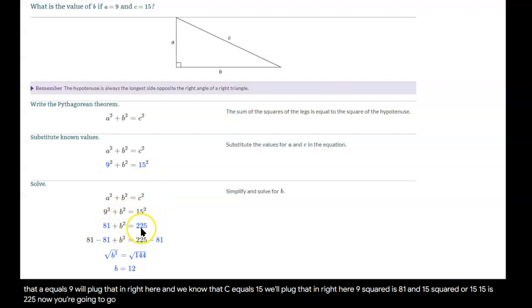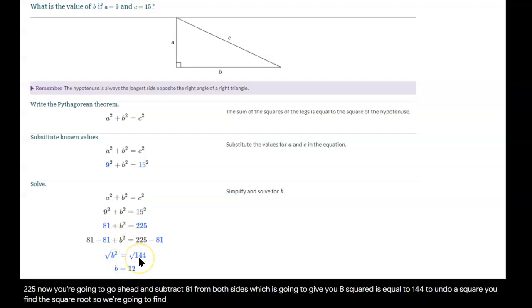Now you're going to go ahead and subtract 81 from both sides, which is going to give you B squared is equal to 144. To undo a square, you find the square root. So we're going to find the square root of 144, which is 12. Therefore, B is equal to 12.